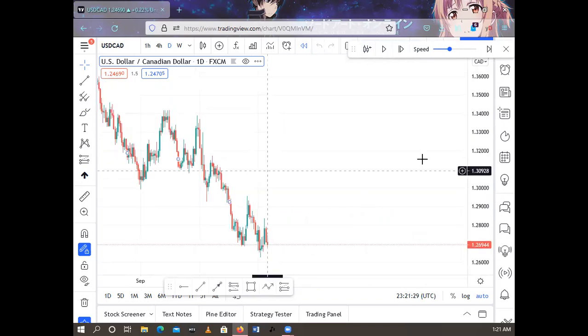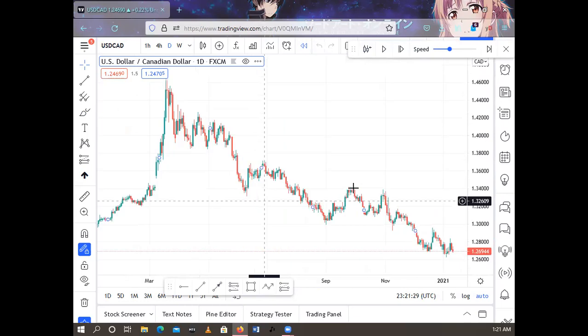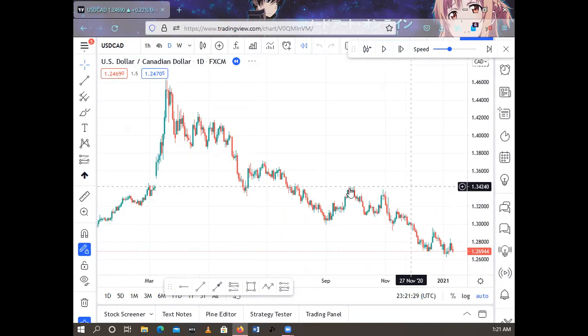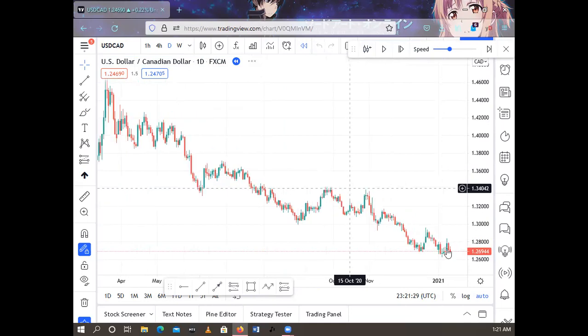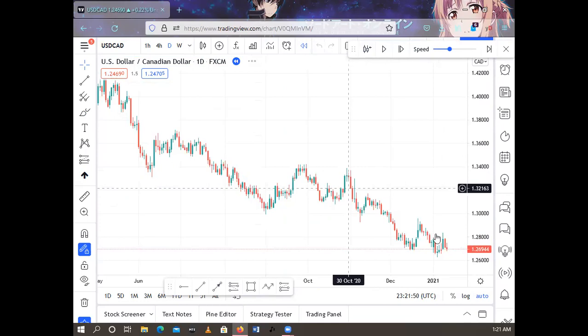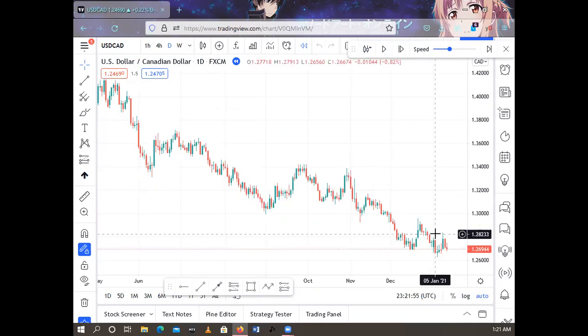Now, the only thing that you should do, guys, is to always filter out the noise, find out where you are in the market, because that is what is most important. Find out where you are in the market, what kind of direction or what kind of trend the market is in, right?